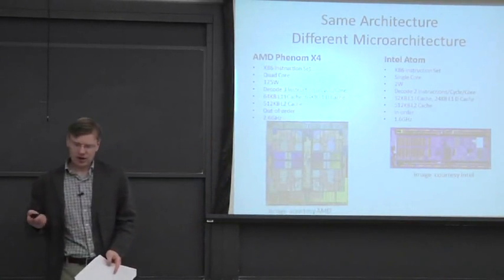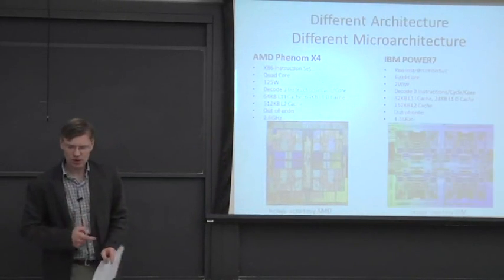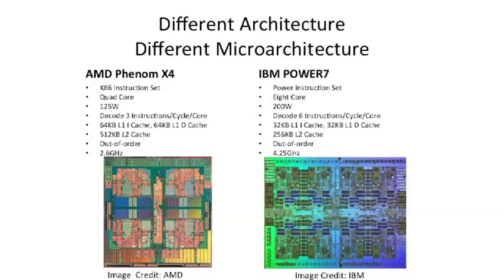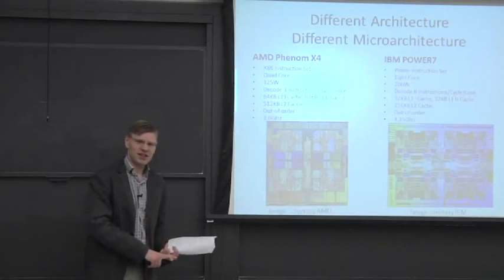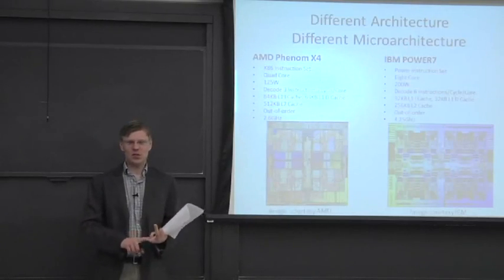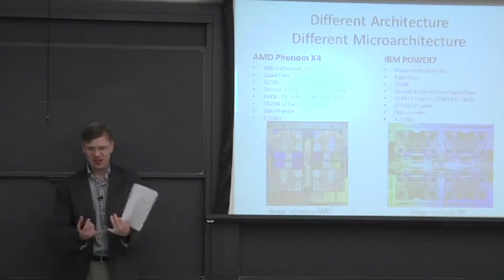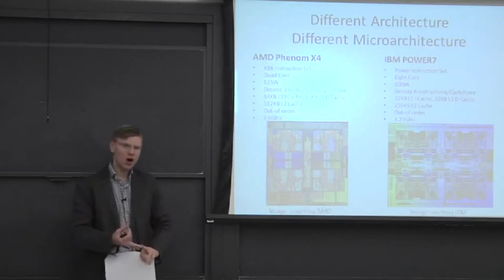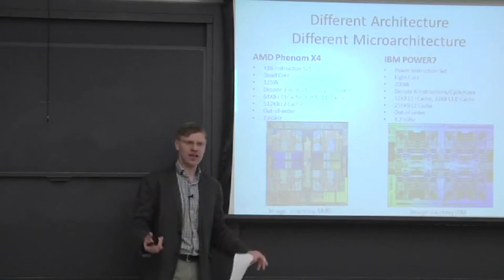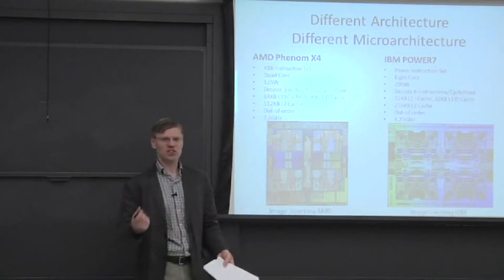And I wanted to contrast this with different architecture, or different big A architecture, and different microarchitecture. If we think about some different examples of instruction set architectures, there's x86, there's PowerPC, there's IBM 360, there's Alpha, there's ARM. You've probably heard all these different names, and these are different instruction set architectures.